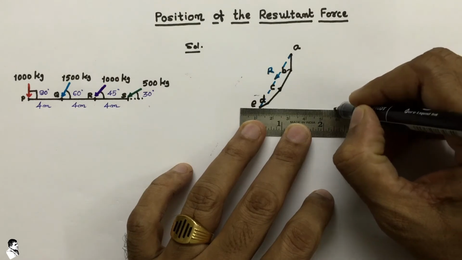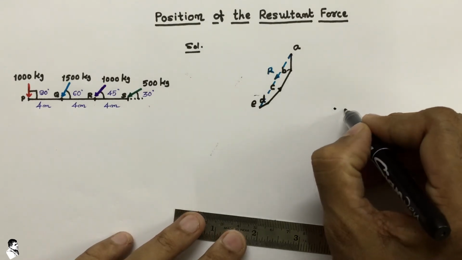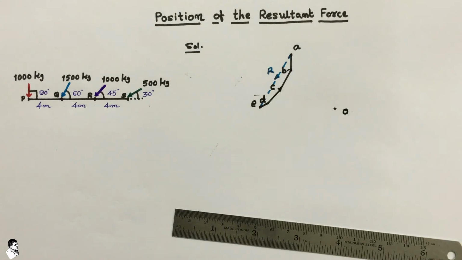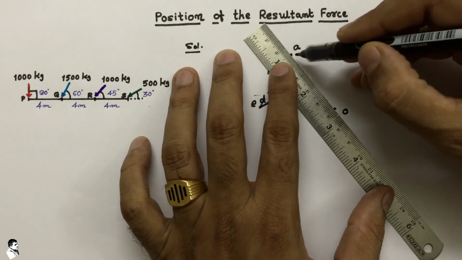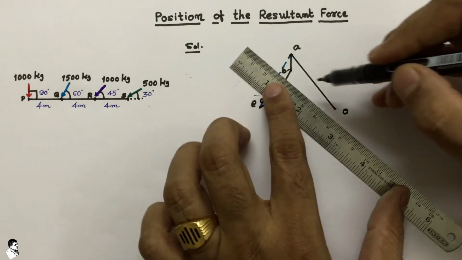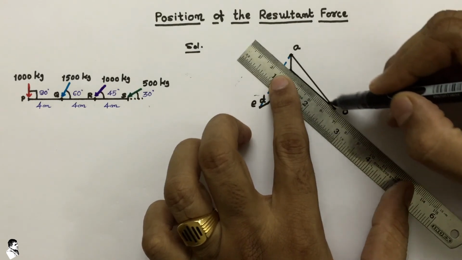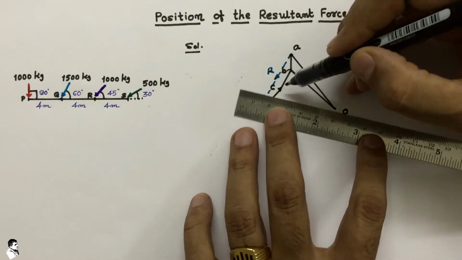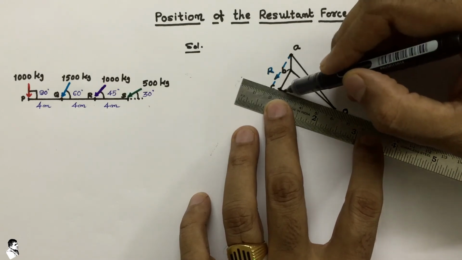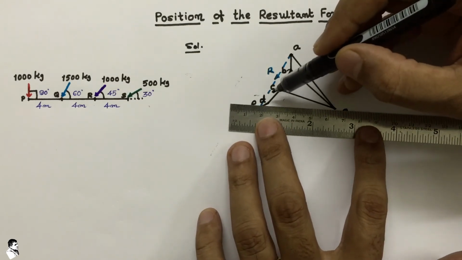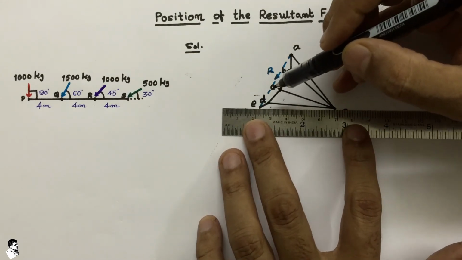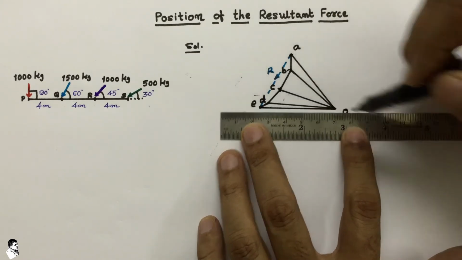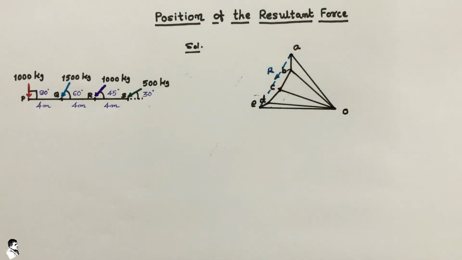So this is the location of point O, and then we connect all the lines appropriately with point O. So this is line AO, then line BO, then line CO, DO, and the last line, EO. So this is the completion of the vector diagram.